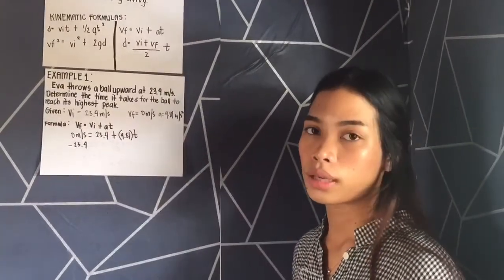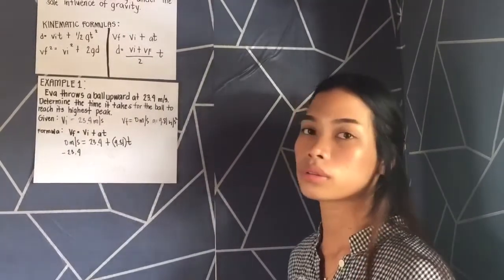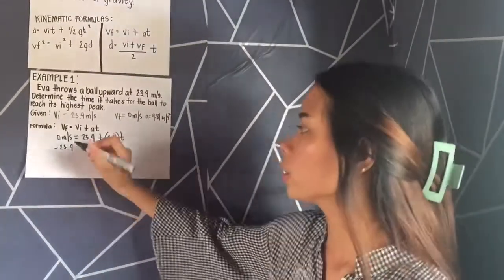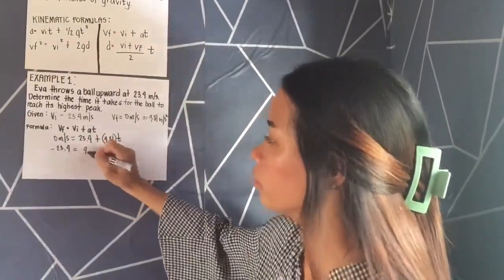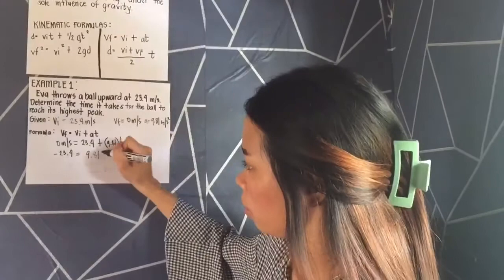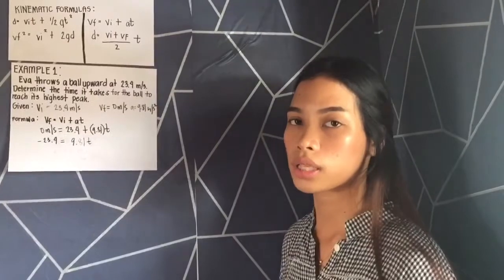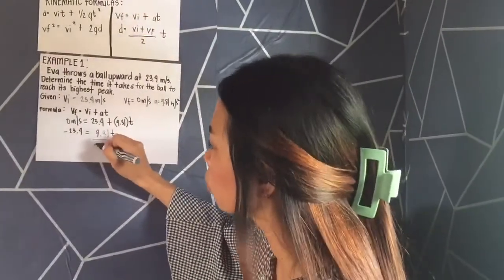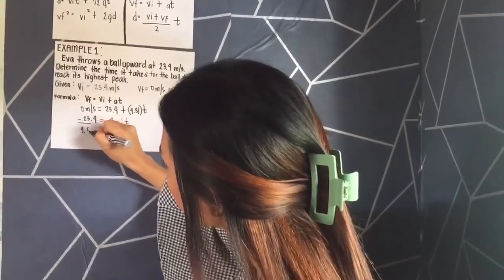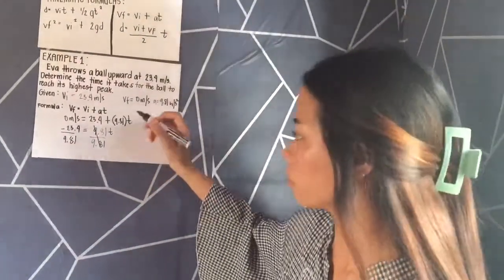To get our time, let us transpose the 23.4 to the left, making it negative. So negative 23.4 is equal to 9.81 times time. In order to get our time, let us divide both sides by 9.81. These cancel, leaving us with the symbol of time, t.